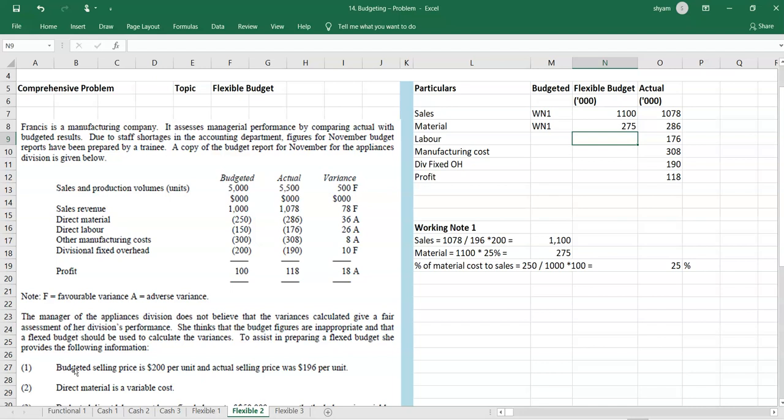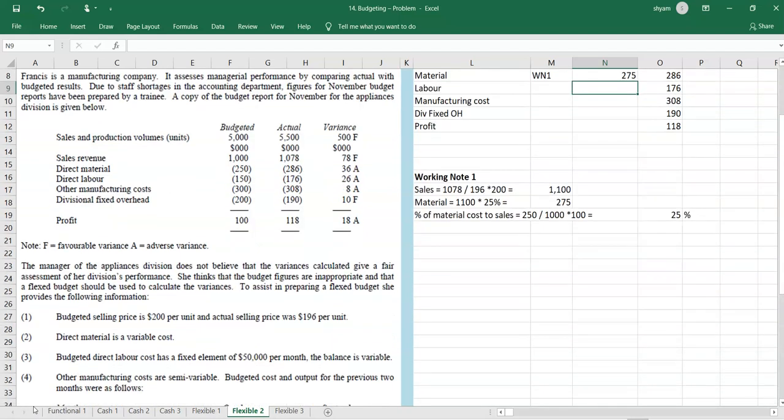So let's get labor. They tell us the budgeted labor cost has a fixed element of 50,000. The balance is variable.